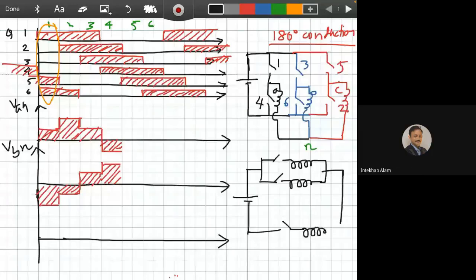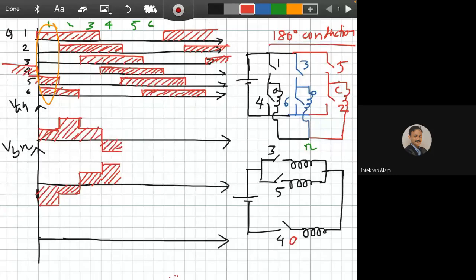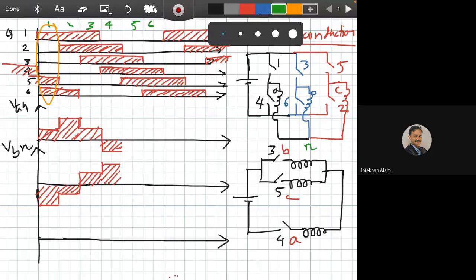In 3, 4, 5, switches 3 and 5 are upper bank switches and 4 is lower bank. So 4 is connected with A, 5 is connected with C, and 3 is connected with B. Here this is the neutral.